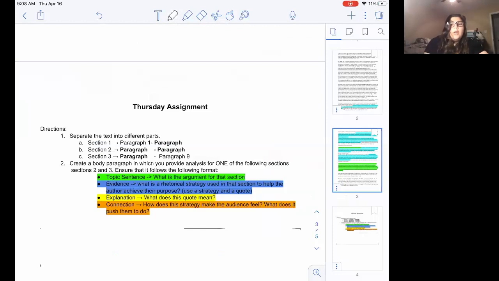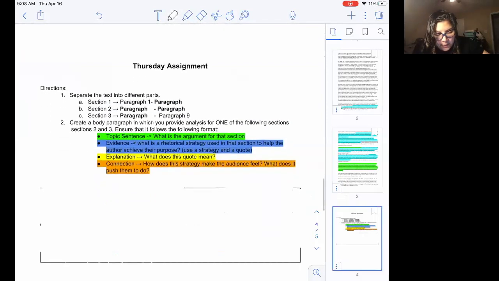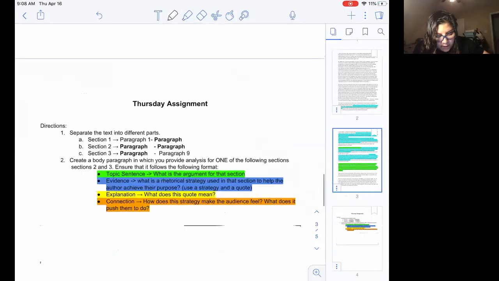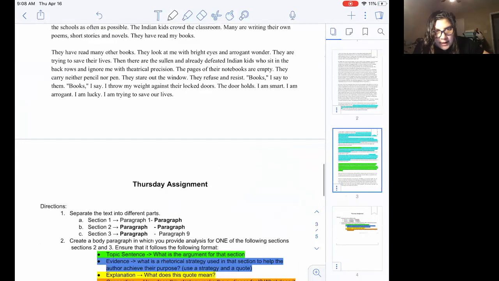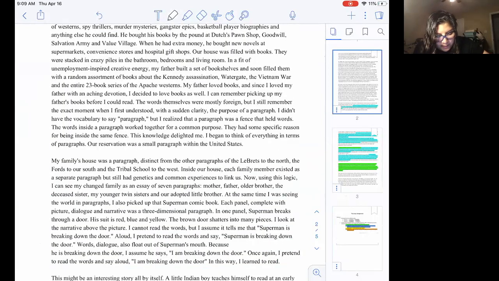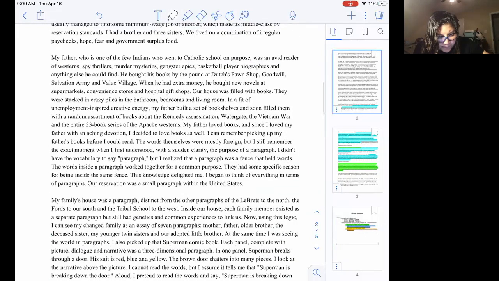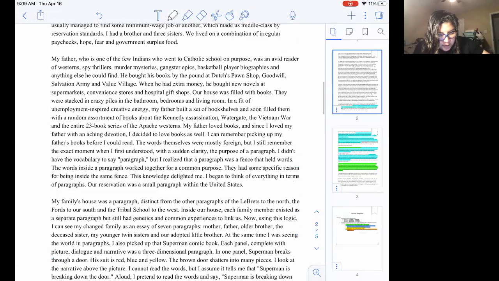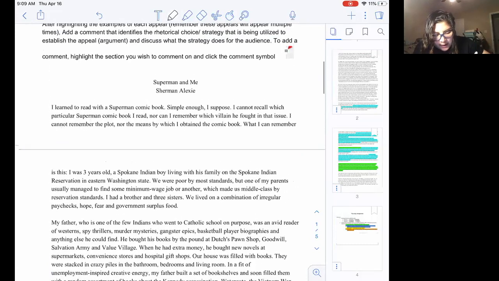So all that you're doing today is, I went ahead and uploaded the assignment. I put a copy of the text. Don't worry about the highlighting on my version, but I put the text so you can reference it. You're numbering the body paragraphs, and I can do that part for you.